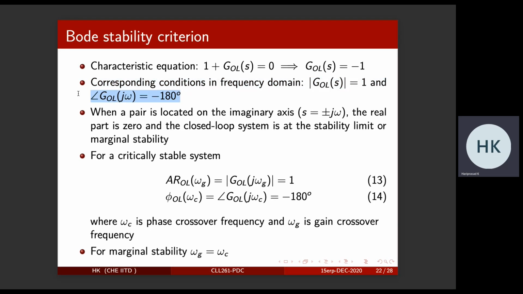Okay. So amplitude ratio is equal to 1 and phase angle becomes minus 180. Whenever you equate your amplitude ratio to 1 and calculate the frequency corresponding to that, that is called gain crossover frequency. And whenever the phase angle is minus 180, which is phase lag, that's why this minus comes in.